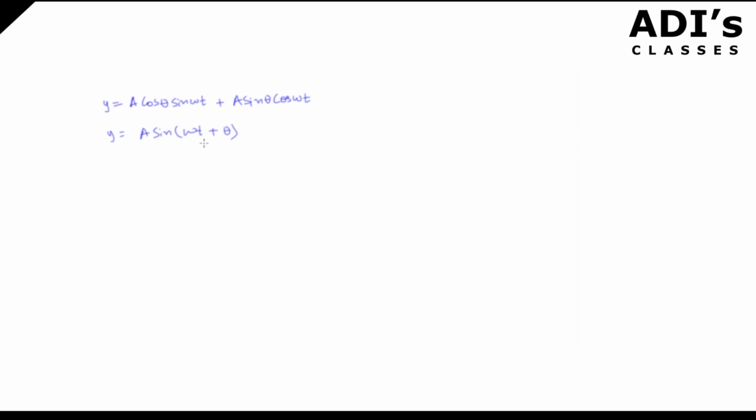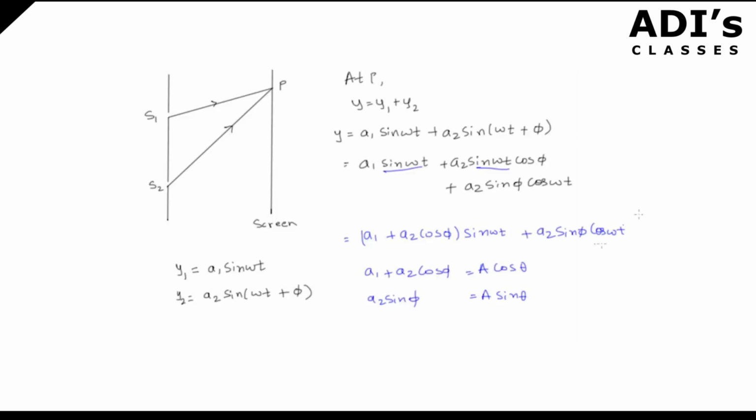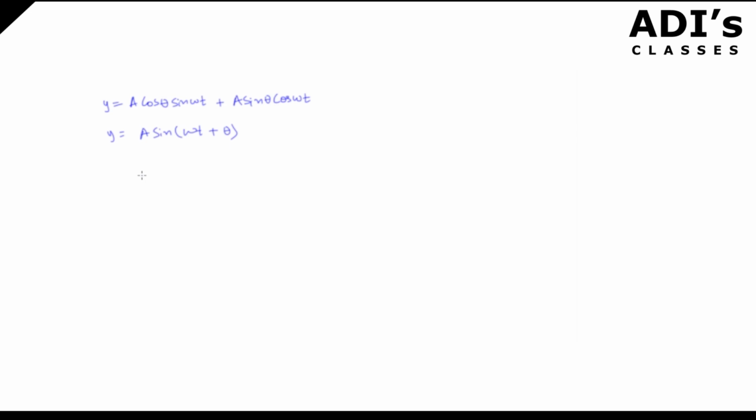So we have A cos theta sin omega t plus A sin theta cos omega t, correct? So this is what we are going to do now.